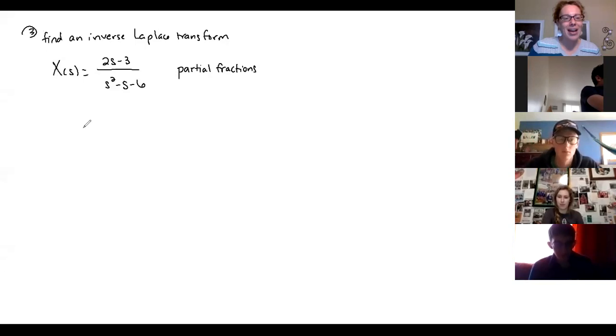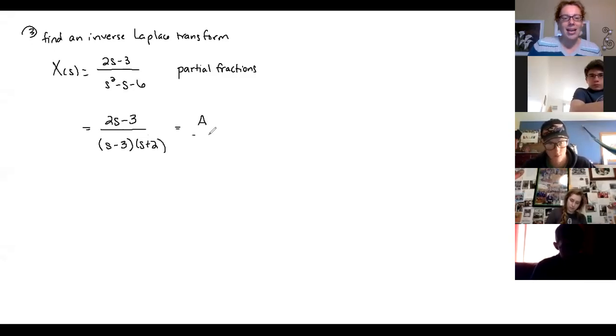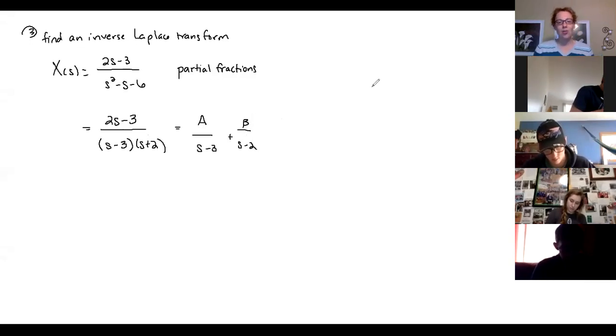So here's what we've got. 2s minus 3 over that factors, s minus 3, s plus 2. And so then I need to do a over s minus 3 plus b over s plus 2.